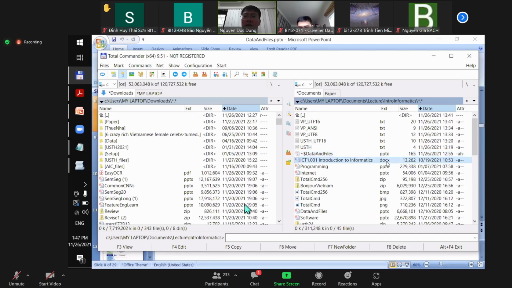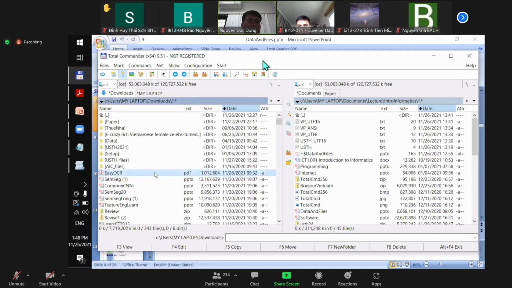The .docx or .doc is for document files created by Microsoft Word, for example. The zip files are a format for compressed files. BMP stands for bitmap. JPG stands for JPEG. PNG is another format, for example.